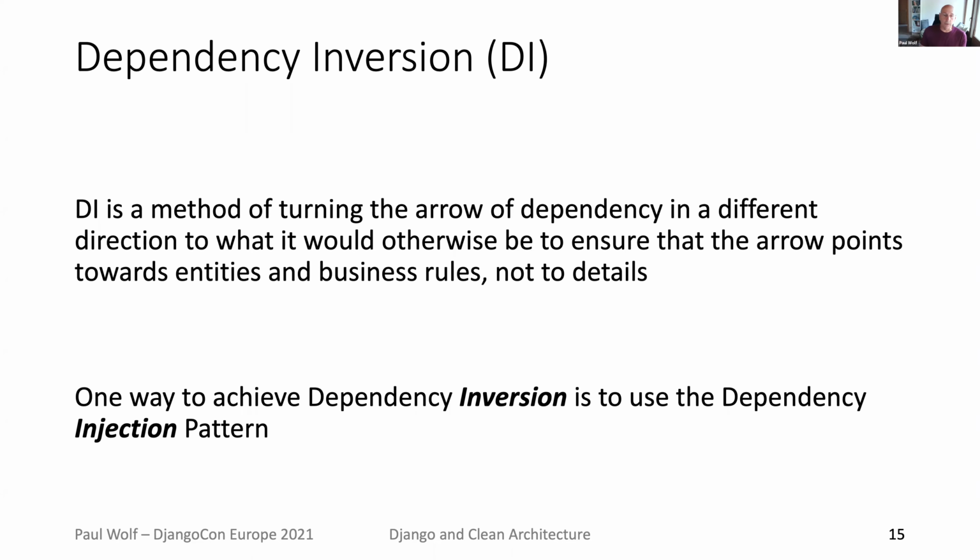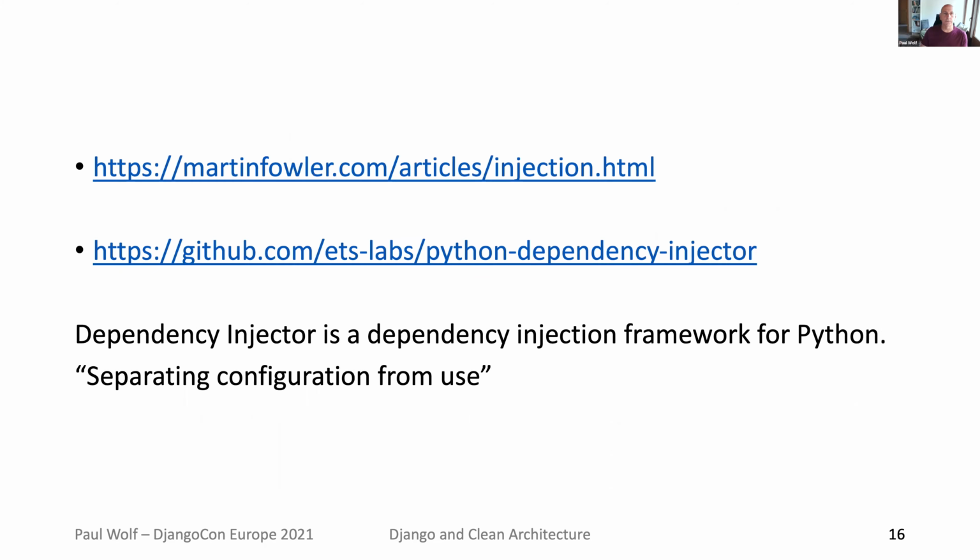And one way of doing that is using dependency injection. It's a little bit confusing because you see the abbreviation DI everywhere. There are two things going on here. Dependency inversion is the concept, and dependency injection is a pattern that you can implement to achieve dependency inversion.